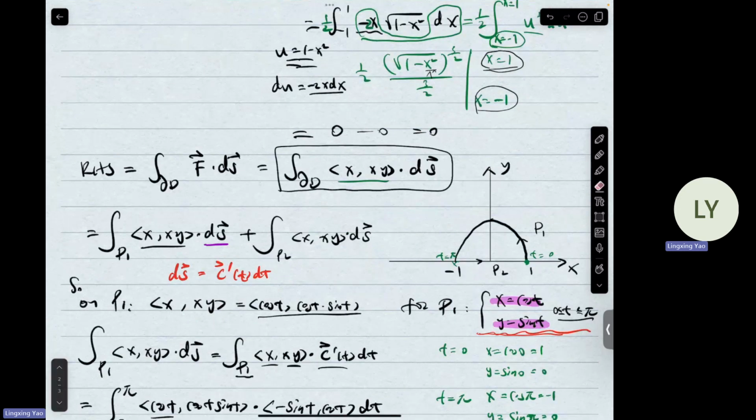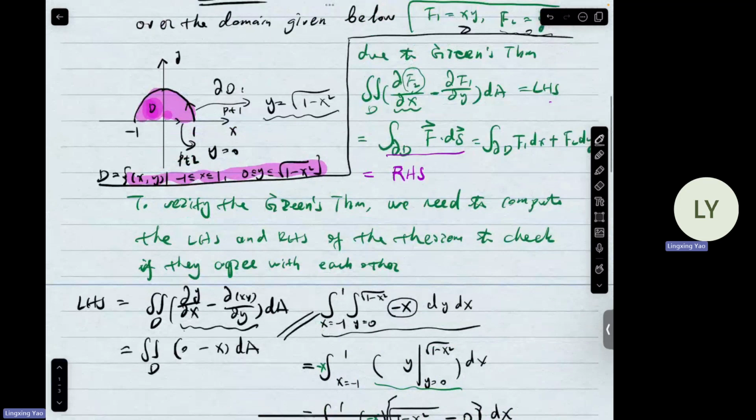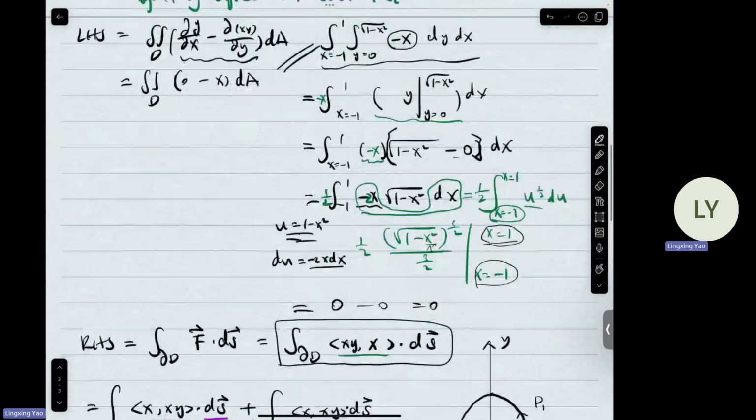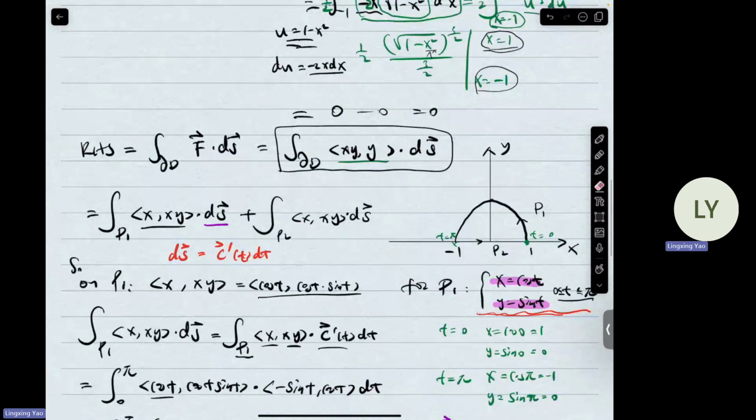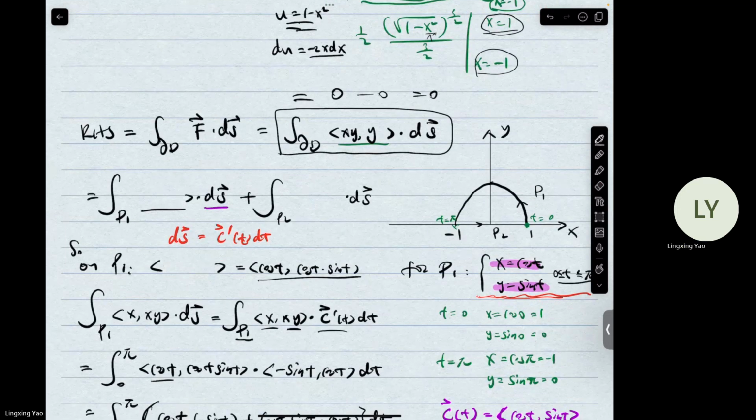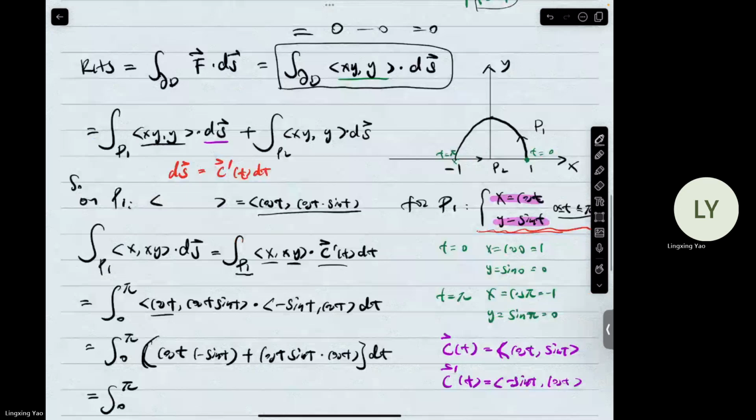Yeah, so this is not the right vector field. So this is x, y, this is x. So now that is the right vector field. Sorry, F2 is y, not x. So we have to reverse those pieces. So this is x, y, y, x, y, y. Sorry about this mistake.